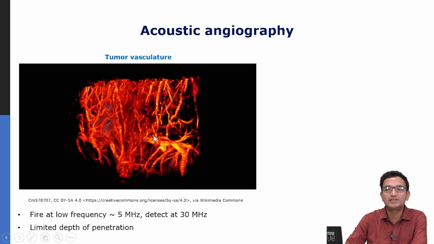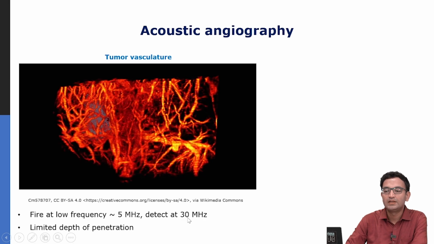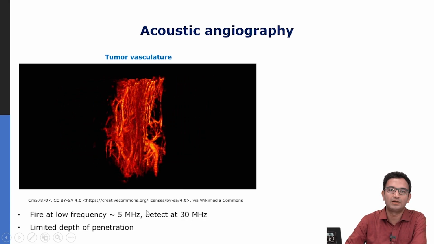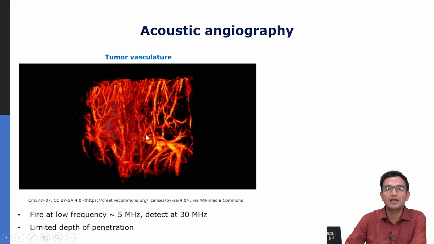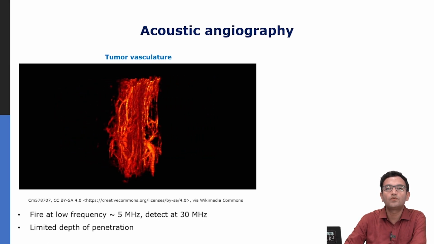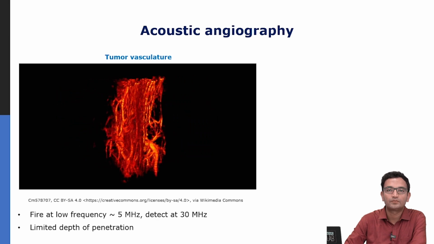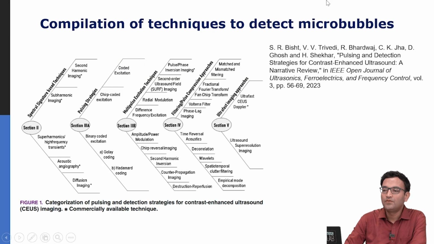Now the challenge with this technique is, because it uses high frequency in the receive mode, the depth of penetration is limited. But nonetheless, this technique has been employed for imaging some superficial organs and also for small animal imaging, where the penetration depths are low. We recently published a review article, Bisht et al., in which we compiled and contrasted the different techniques to detect microbubbles.